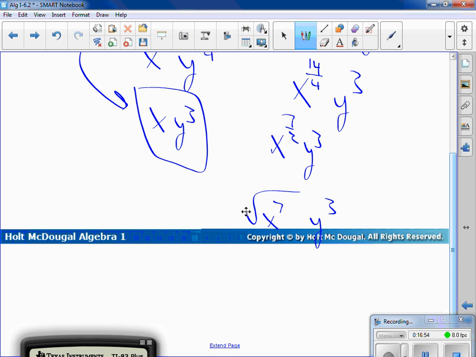That is your answer. Because that 2 as a denominator means square root. The 7 as a numerator means that's your exponent for the x. Either one of these is correct. This one here is the one that's the best way to write it.